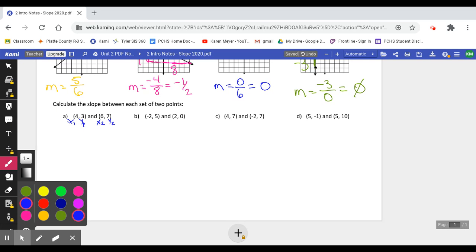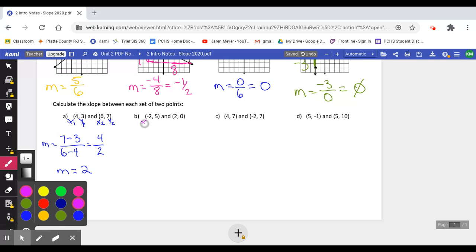So now let's just plug it in our formula. y2, which is 7, minus y1, which is 3, over x2, which is 6, minus x1, which is 4. 7 minus 3 is 4, and 6 minus 4 is 2. And if I reduce my fraction, 4 divided by 2 is 2. So final answer is 2.